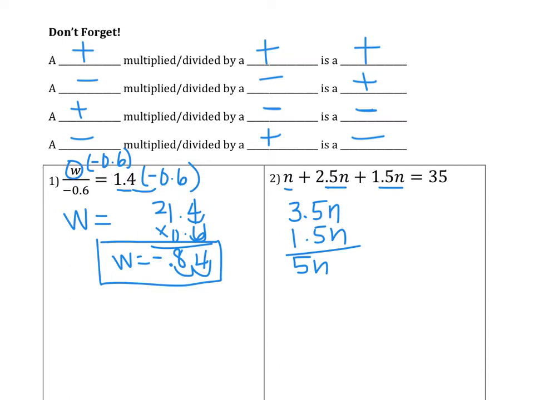So now, we have 5n equals 35. We want to get n by itself, and it's being multiplied by 5, so we do the opposite, which is divide both sides by 5. N equals 7.